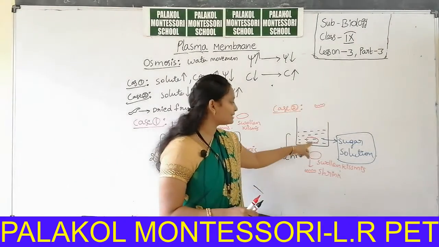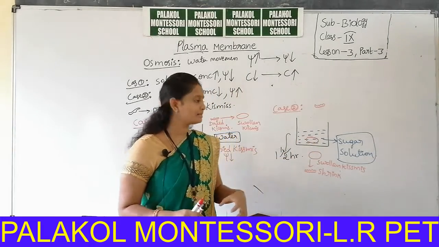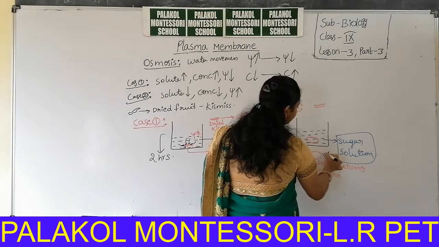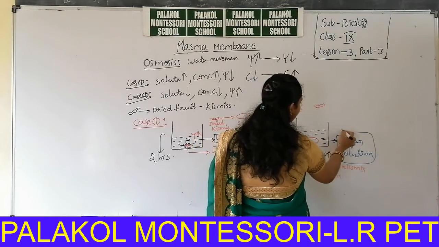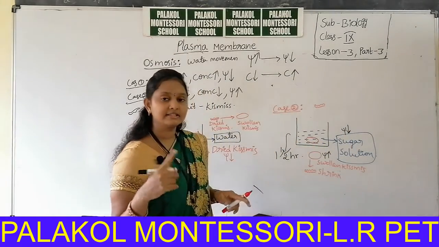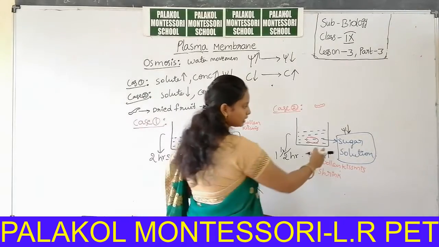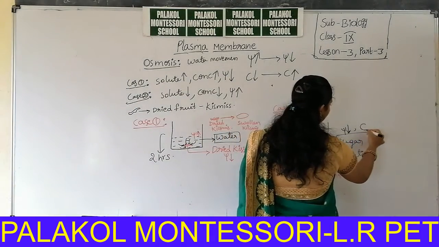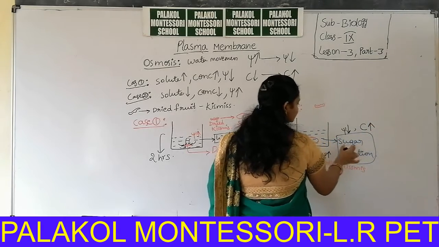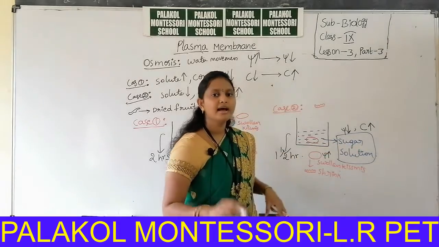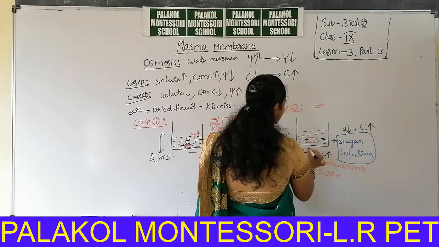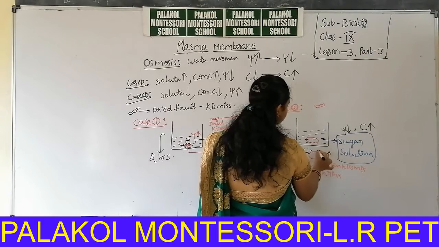Because the water present inside the swollen kismis has high water potential, but the sugar solution has low water potential. We can also say that the sugar solution has high concentration, because sugar is present, but the swollen kismis has low concentration.